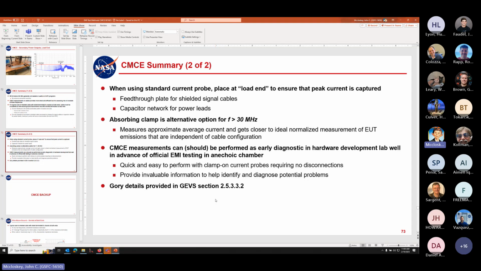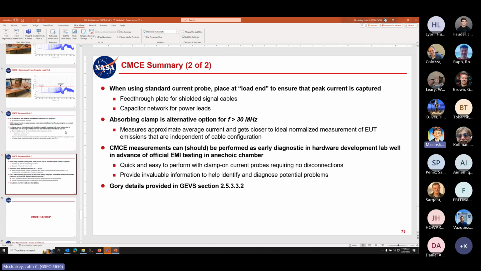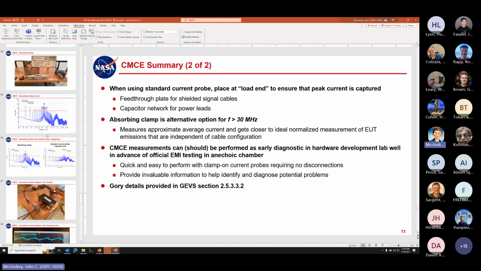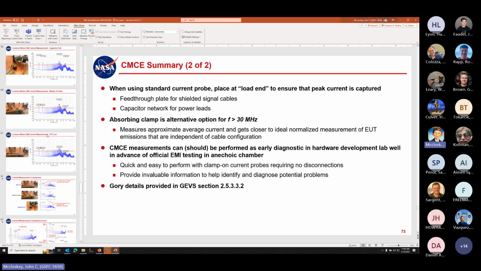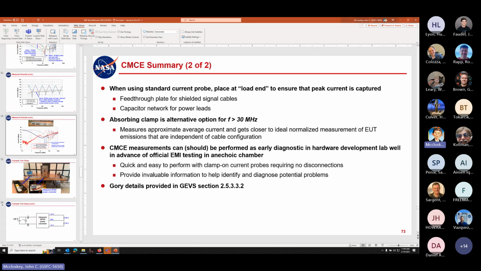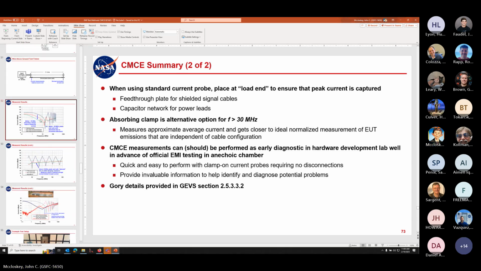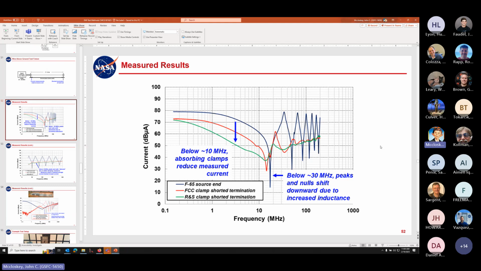But yeah, these measurements below 30 megahertz that I was showing back here. Now if you're measuring something that's behaving as a true, ideal current source, then whatever inserted impedance you're putting in there shouldn't really affect things too much.